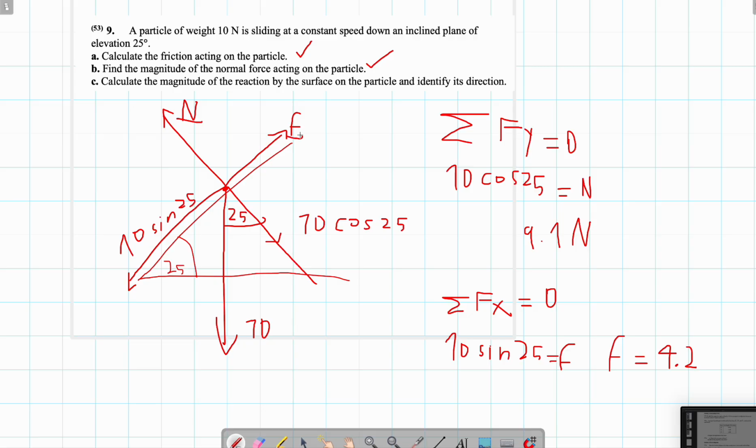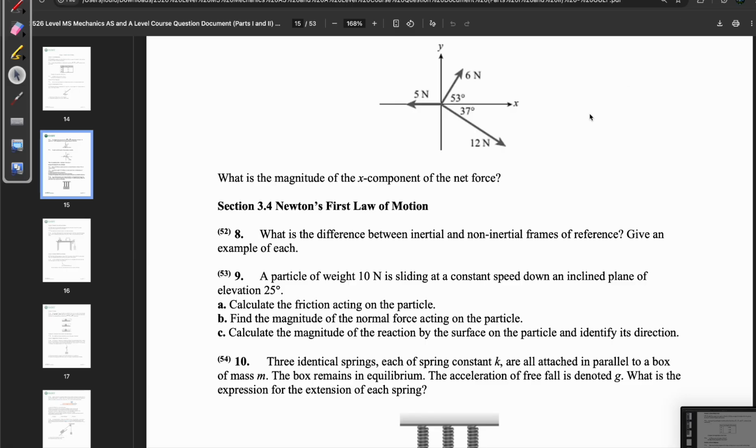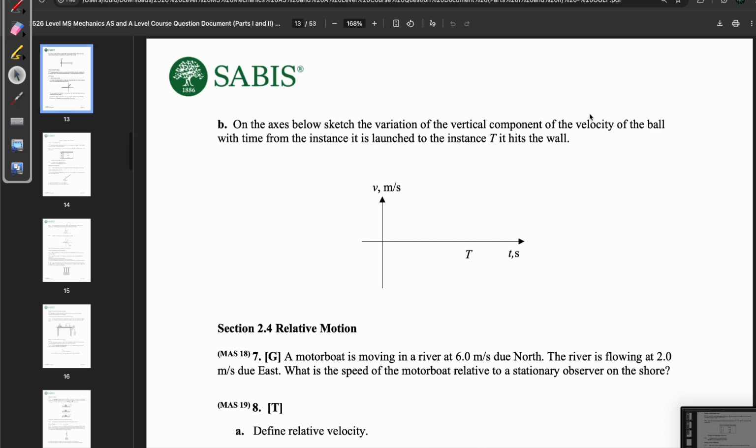So what we're going to do is the square root of 9.1 squared plus 4.2 squared, which is 10 newtons. Number 10.